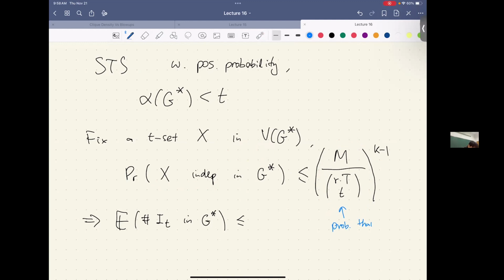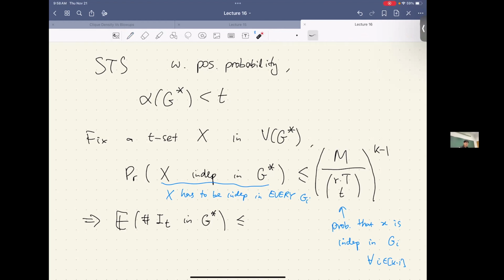So this is the probability that X is independent in GI for any I in K minus 1. And to be independent in G star, X has to be independent in every GI, so you need to take the product. They are independent, K minus 1 of them.